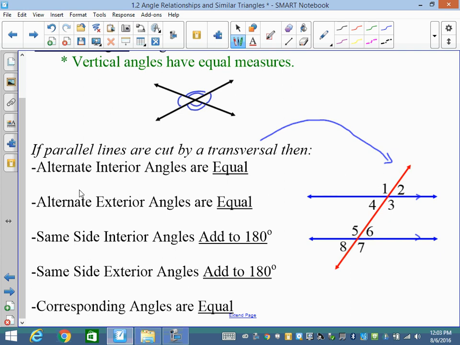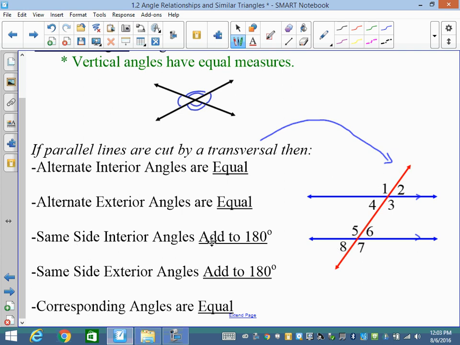If we listed them all, 3 and 5 are alternate interior angles, and 4 and 6 are alternate interior angles. Alternate exterior angles are also equal, and the exterior angles are on the outside. So 1 and 7, because they alternate over the sides of the transversal, are alternate exterior angles, and 2 and 8 are alternate exterior angles.